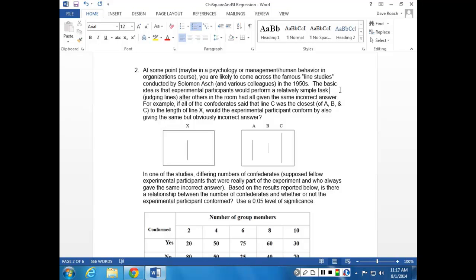These are actually some famous studies done in the 1950s by a guy by the name of Solomon Asch. And what he would do is present people with a line here, X, and then ask them which of these 3 lines is closest to X in length. And of course it's A, and anybody can tell that.